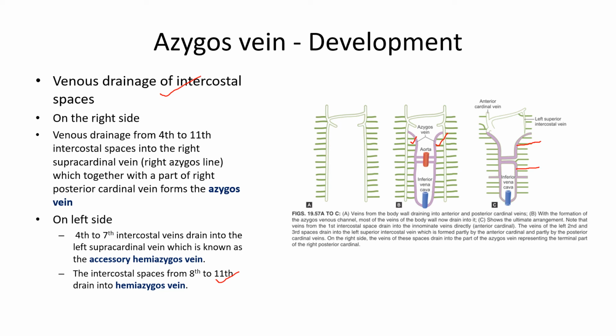On the right side it is a single unit, whereas on the left side, though it is a mirror image of the right azygos vein, it is divided into two parts, the lower hemiazygos vein and the upper accessory hemiazygos vein.